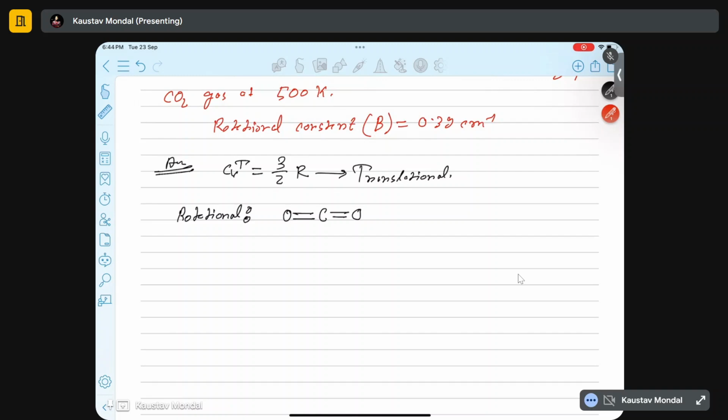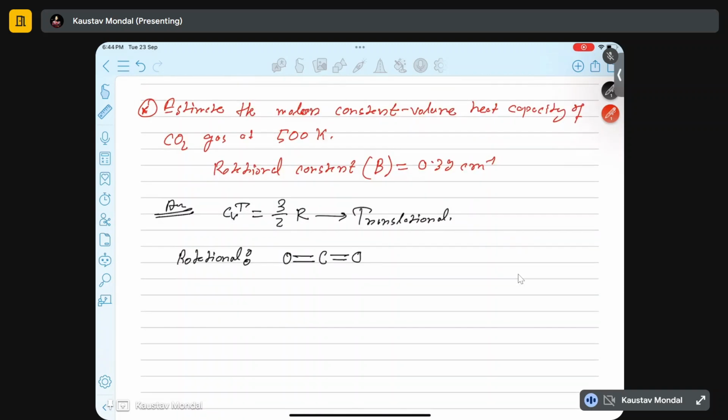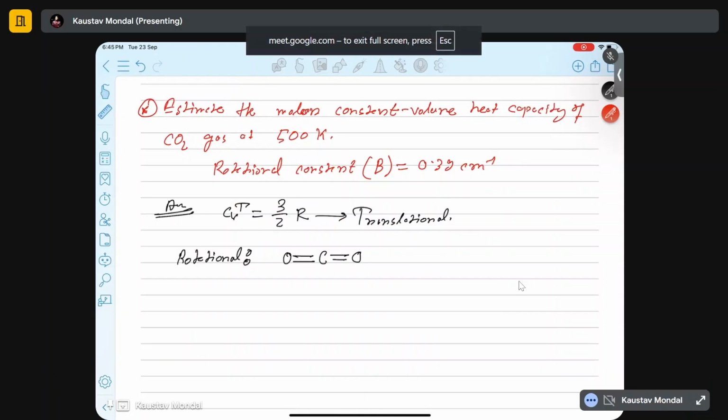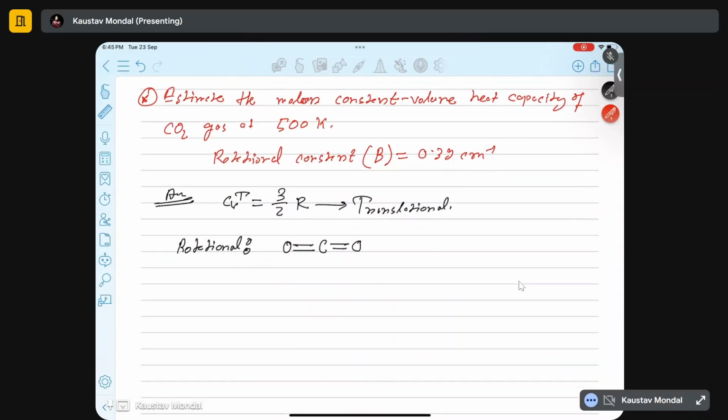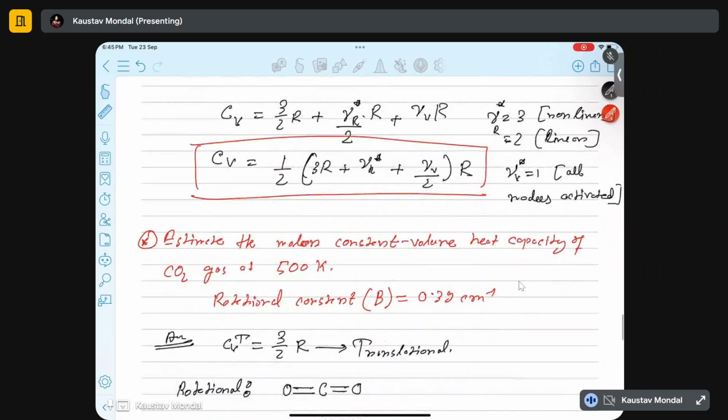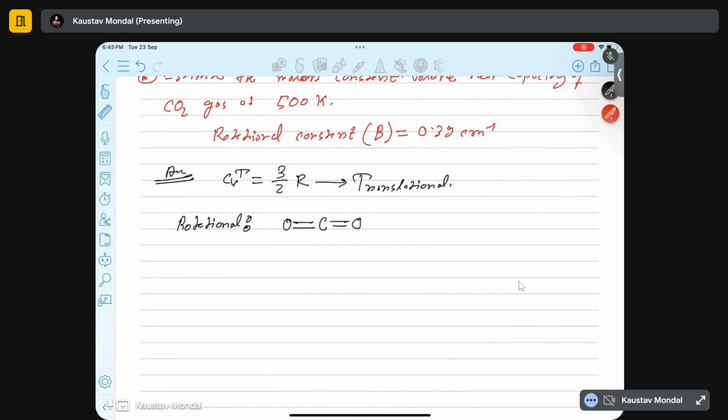As it's a linear molecule, we can use the fact that for a linear molecule there is a known contribution of rotational specific heat.